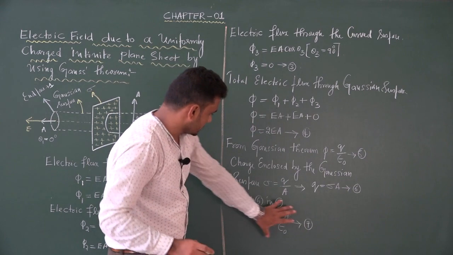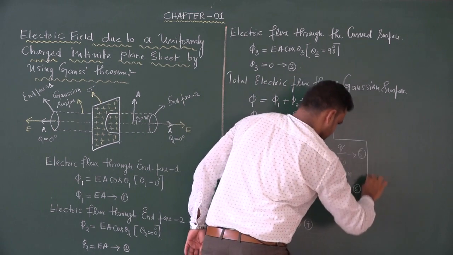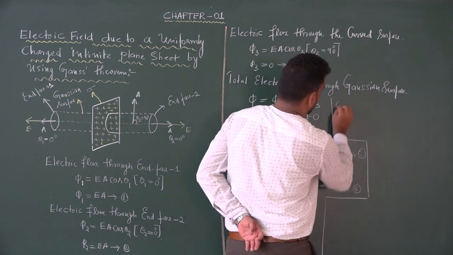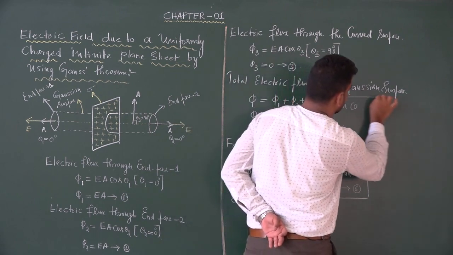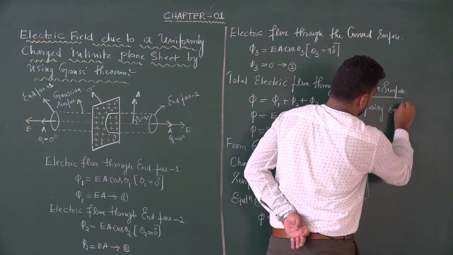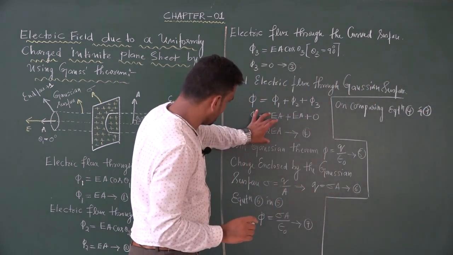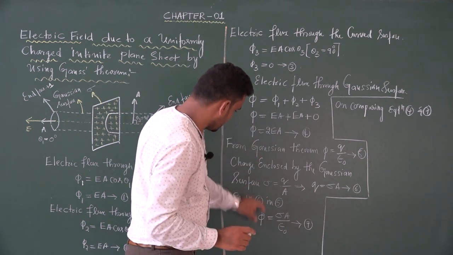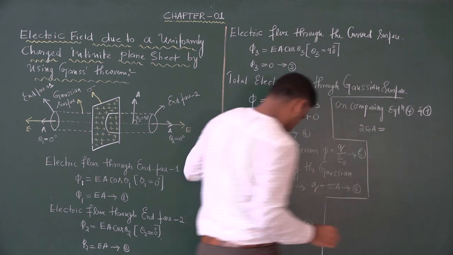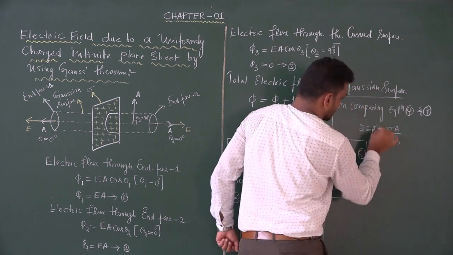Now I can compare equation 7 and 4. On comparing equation 4 and 7, the left hand side: 2EA is equal to sigma A divided by epsilon naught. So A and A get cancelled.